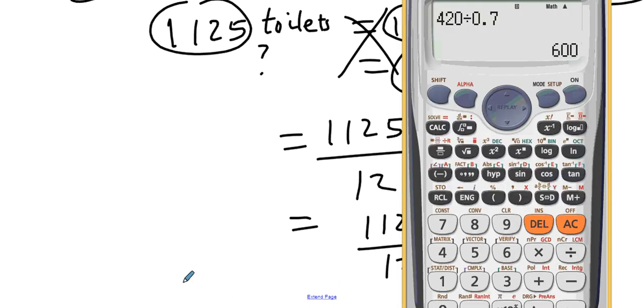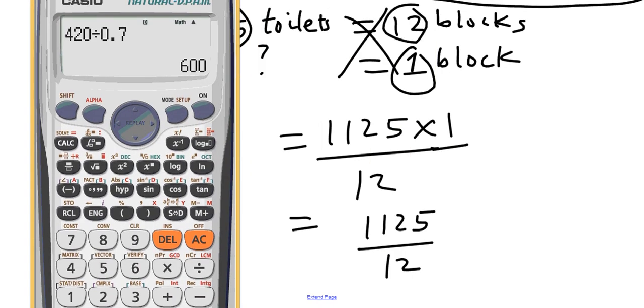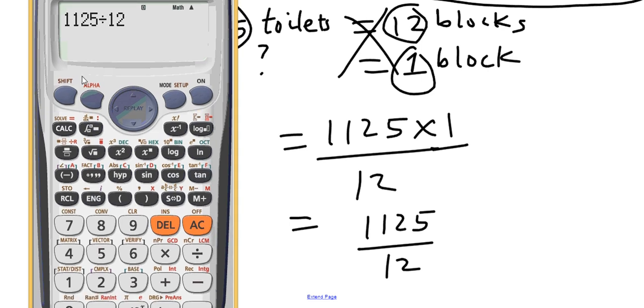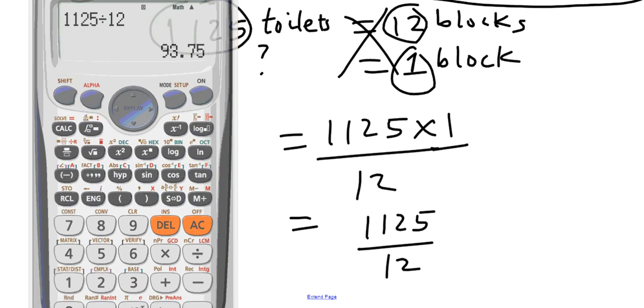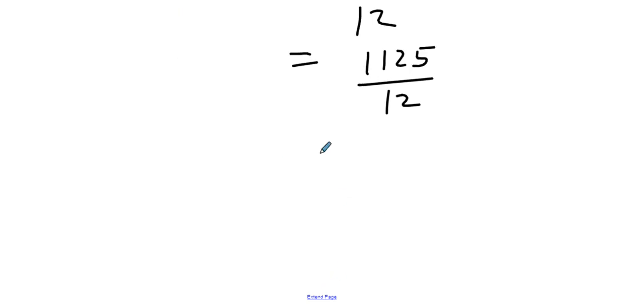Now when you take a calculator and divide that, 1125 divided by 12, what is the answer? The answer is 93.75 toilets.